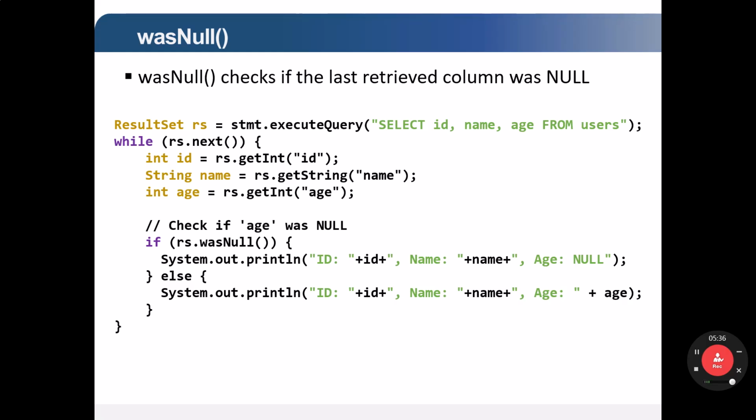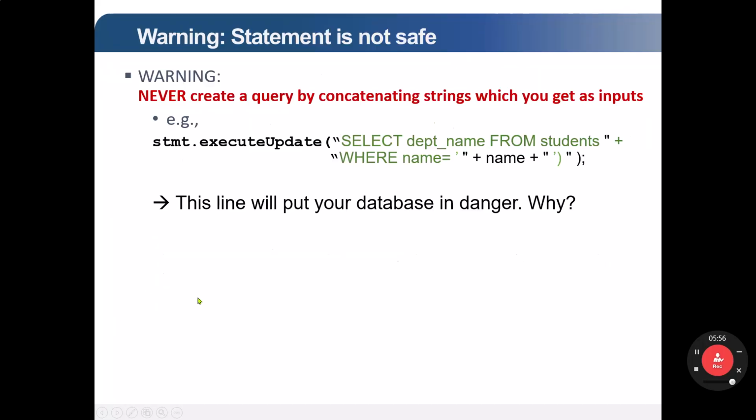Then you can call the wasNull method to check whether the last attribute value that you retrieved is null or not. If it is null, then we print out the string NULL. Otherwise, we print out the integer value in this if-else conditional branch. All right, that was a brief introduction to JDBC.